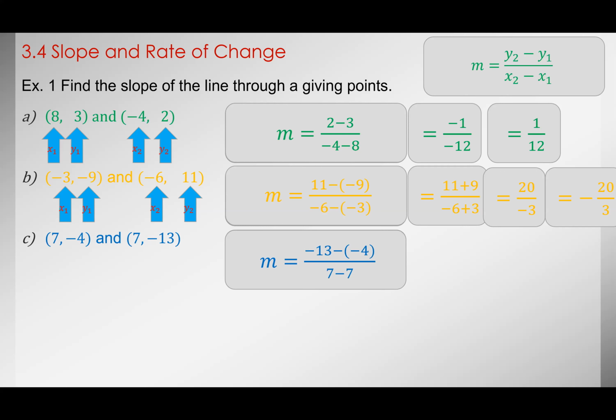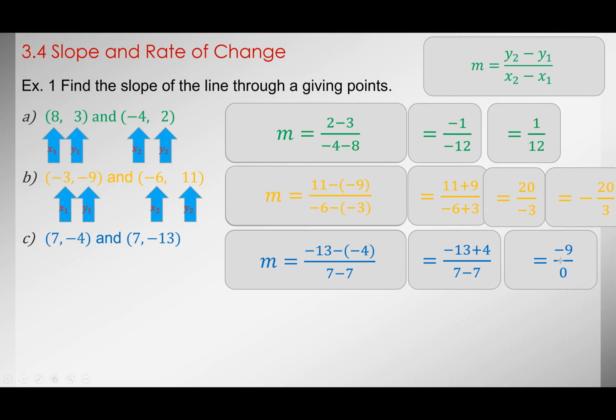And if you look at this item here, we can see that double negative become a positive, which is 13 added to 4. Even though we say 13 added to 4, because one of them is negative, the other one positive, we have to subtract. But regardless of what the numerator is, everybody see that the denominator 7 minus 7 is equal to 0.